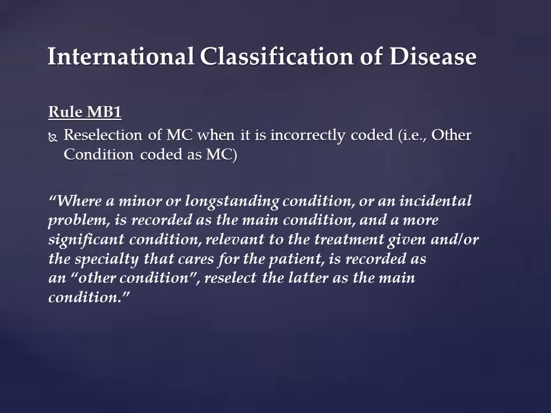The first rule, or rule MB1: the main condition is reselected if it seems like the main condition is incorrectly coded, or where a minor or long-standing condition or an incidental problem is recorded as main condition, and a more significant condition relevant to the treatment given or the specialty that cares for the patient is recorded as other condition. Reselect the latter as the main condition.